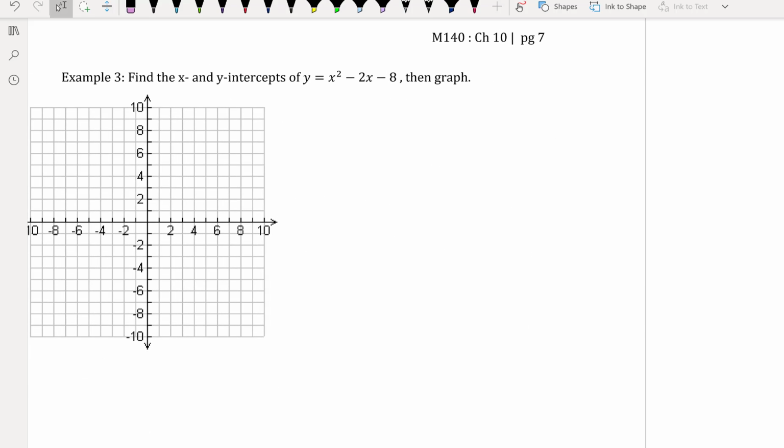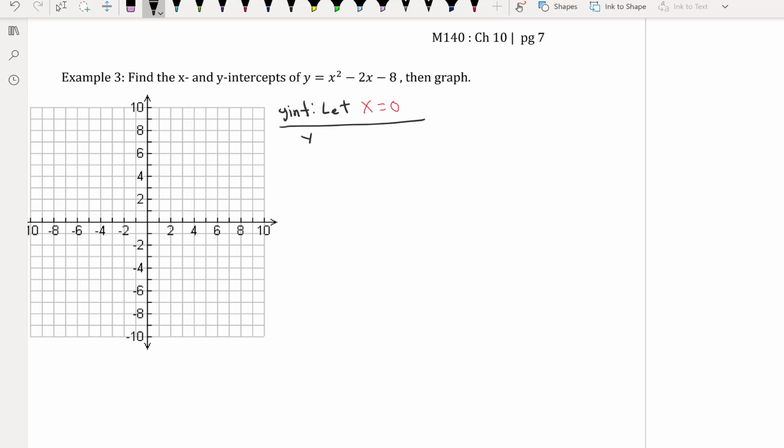So for example number 3, it says to find the x and y-intercepts of this graph. If I'm trying to find the intercepts, I can just plug in 0 into some of these values. Let's say I want to find the y-intercept. Then I let my x equal 0.